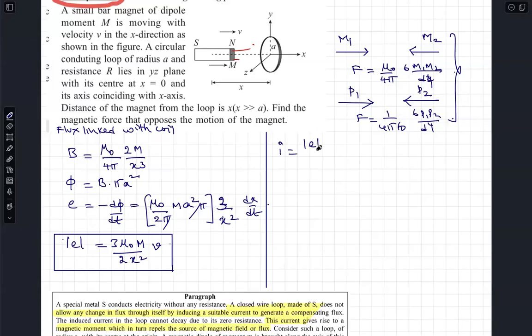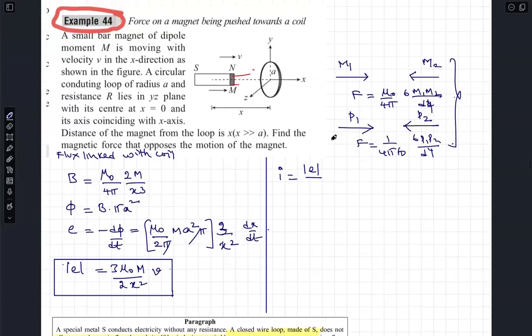Current induced is EMF by resistance. EMF by resistance is 3 mu naught capital M by 2x square RV. That is the current induced. Now it acts as a different magnetic moment.